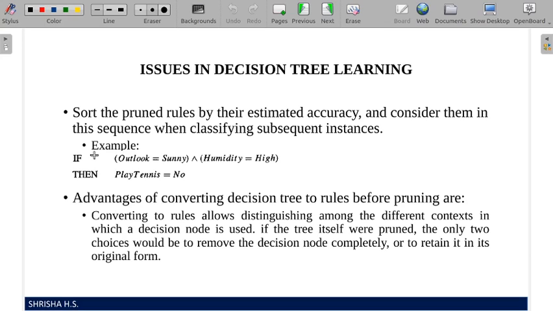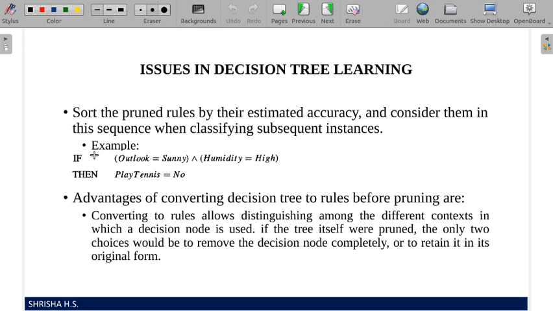For example, outlook equal to sunny, humidity equal to high. Let's assume humidity equal to high is not needed. So outlook equal to sunny, play tennis equal to no, just assuming. But for classifying it as yes, we know outlook equal to sunny and humidity equal to normal, we may need more information, right?